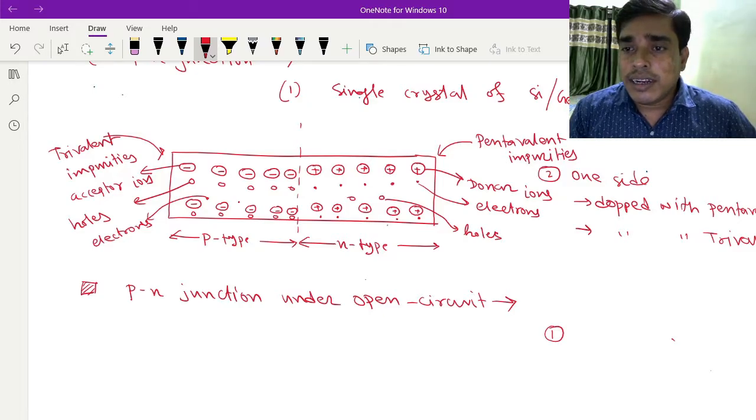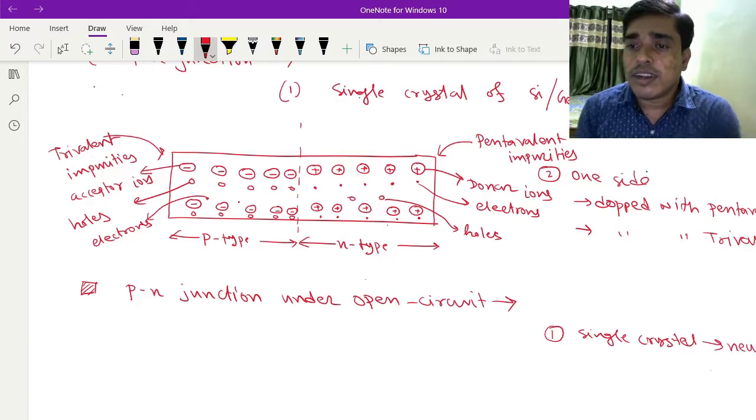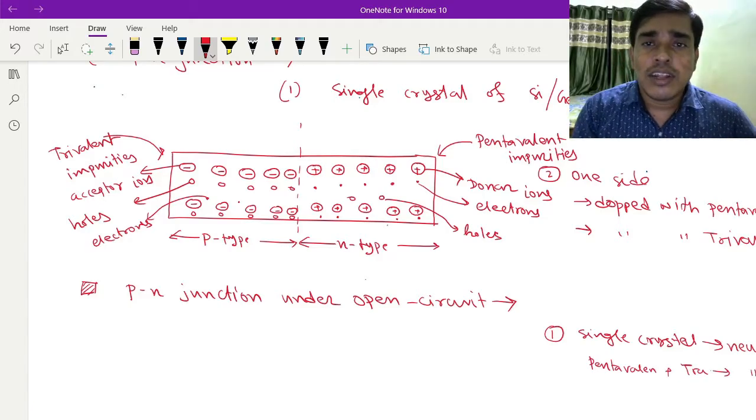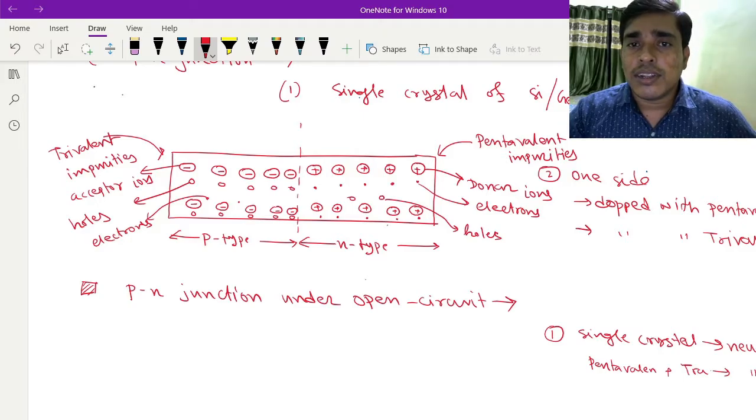When I take a single crystal, it is electrically neutral. When I dope it with pentavalent impurities or trivalent impurities, both are neutral. So this total p-n junction is electrically neutral.